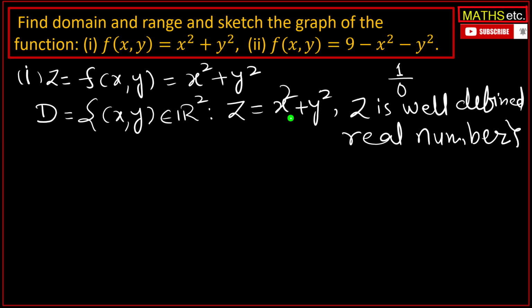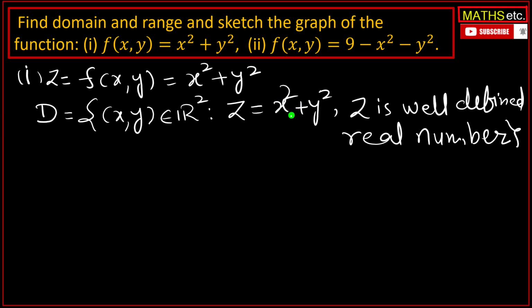So we should not take x values and y values in such a way that z becomes something over 0. And what does it mean that it should be a real number? Now suppose there is a square root in the function. The square root of a negative number is a complex number, and we are looking for z as a real number. So we should ensure that these kinds of situations do not take place.